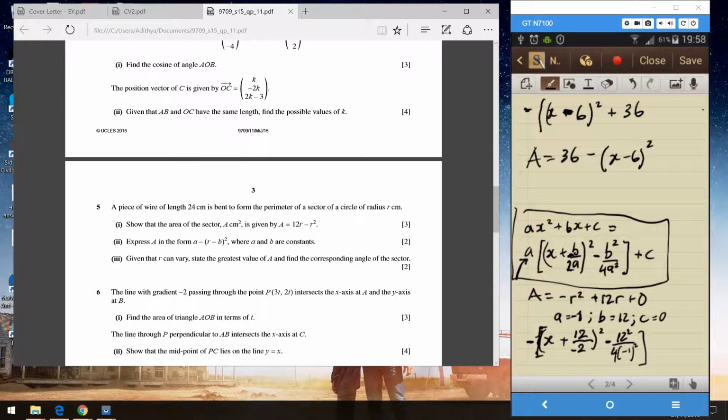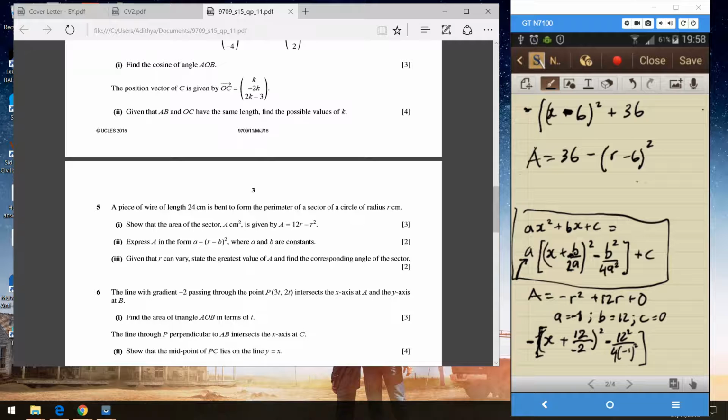For example, you have 36 minus r squared plus 12r minus 36, and the 36 and minus 36 cancel, and you have the original equation. Instead of x, that's actually just r. So this is your final answer for part 2.